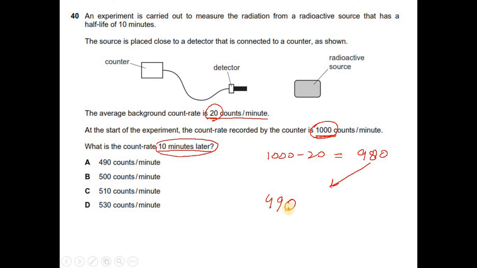So 490 after 10 minutes, and then the background is still there, so plus 20 will give you 510. So your option is C, 510 counts per minute. After 10 minutes we have this count rate. So our option is C.